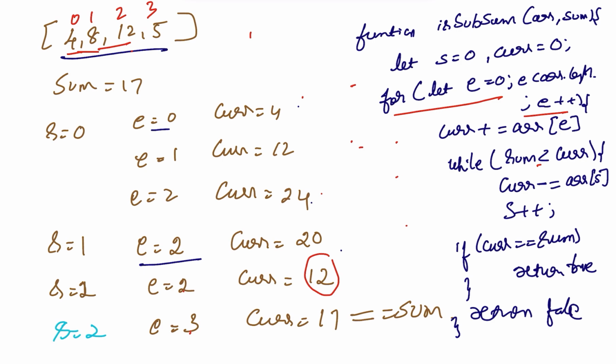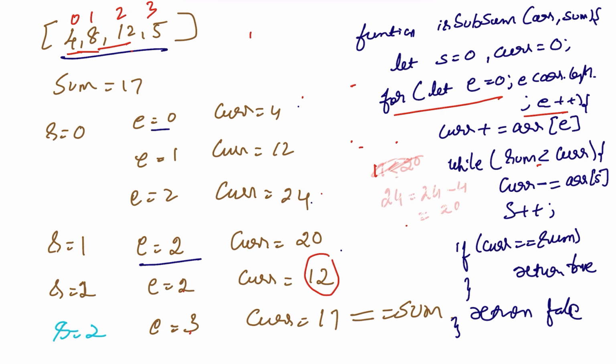The current value is 12. 12 plus 12 is 24. So at this particular point the current is greater than sum, so here we are going to remove the 4. The current value, which is 24, will be subtracted by 4. 24 minus 4 is equivalent to 20, and again it's going to check. 17 is less than 20, the current value, so again it's going to do the same.